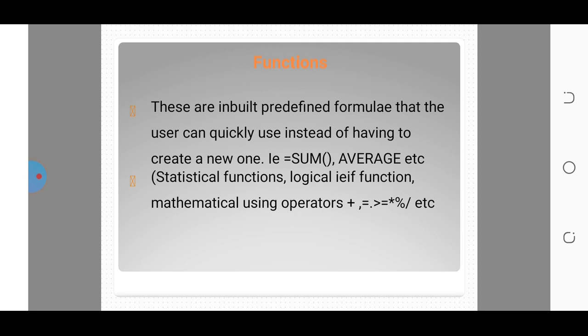These functions will help you carry on calculations without actually typing a new function. For example, sum and average. These are inbuilt in the system, so you can use them to ease the work.